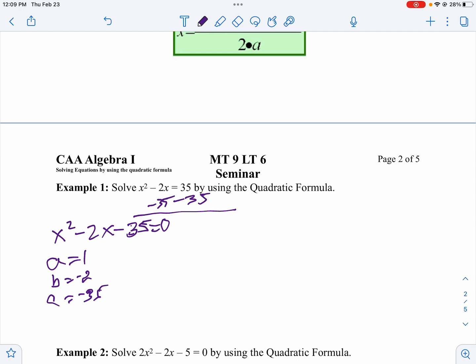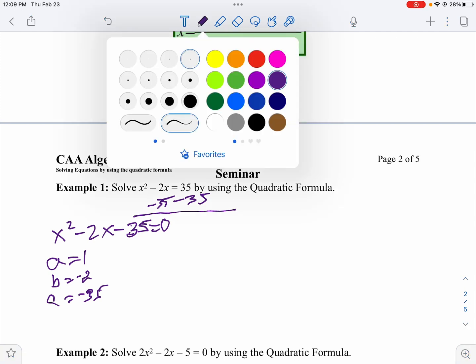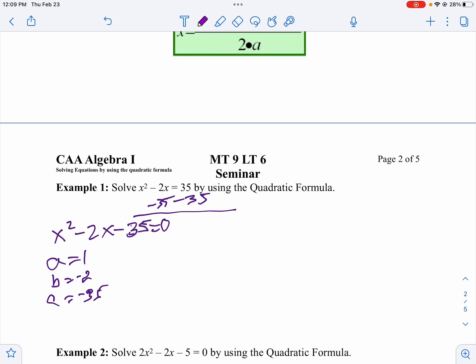Since we're doing it the first time, let's write down the formula so we have it. So x equals negative b plus or minus the square root, my pen's not working, of b squared minus 4ac all over 2a. Notice, that's how I sing the song when I write it down.